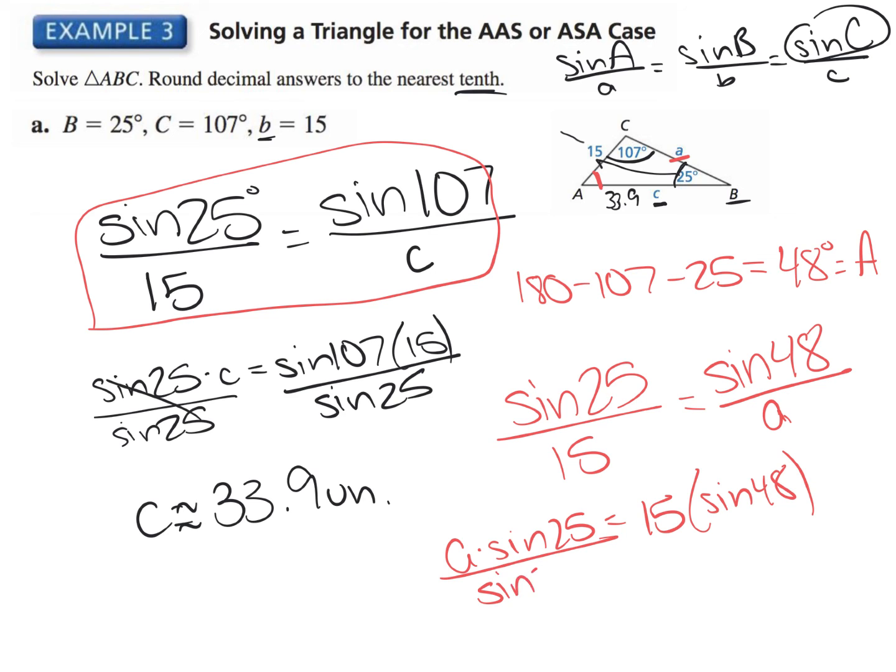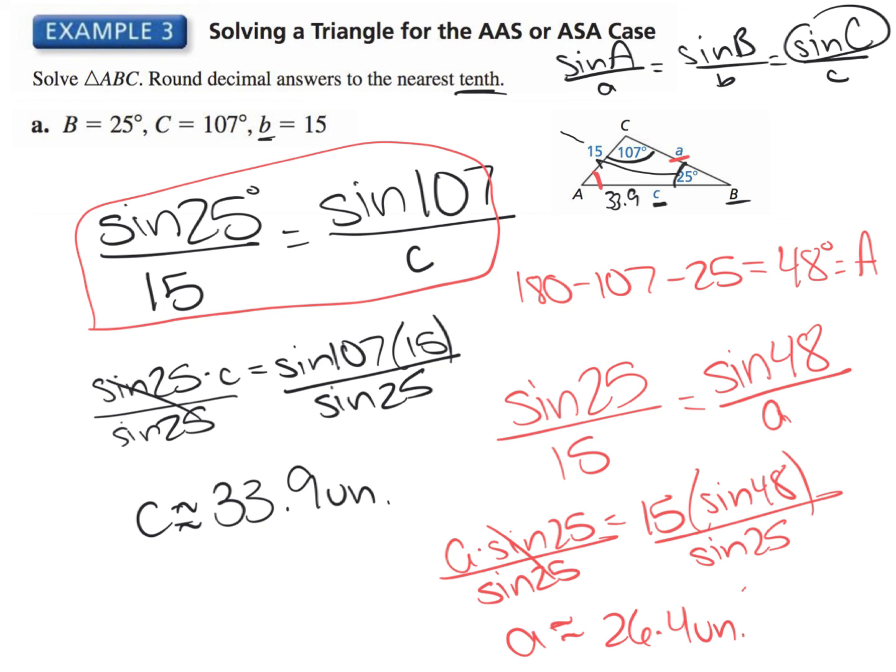Divide by sine 25. And a equals, plug that into your calculator, 15 times sine 48, hit enter, then divide by sine 25. You should get a to be approximately 26.4 units.